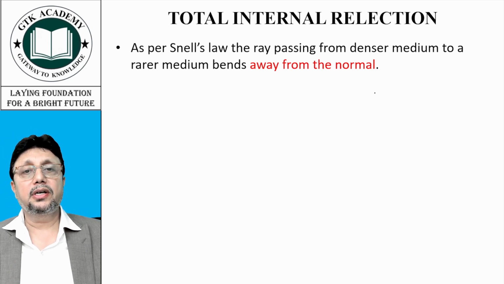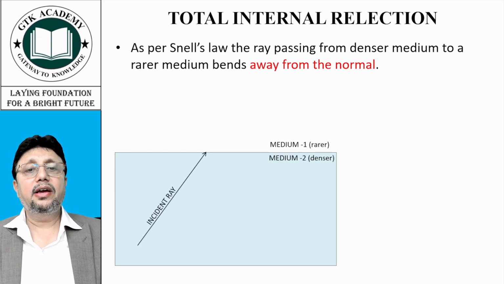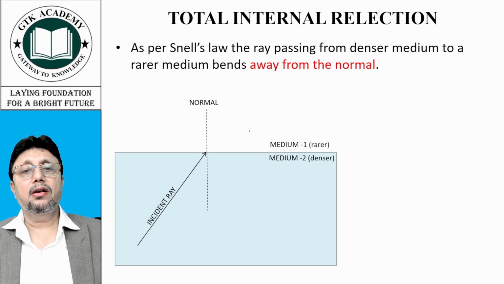Again, we are going to depict it with a proper figure. See, this is denser and rarer. Light ray is incident. Now, light ray is going from denser to rarer. We have to draw the normal. This is the angle of incidence, which the incident ray makes with the normal. Had it gone straight, this dotted line would be its path, but it bends away from the normal.